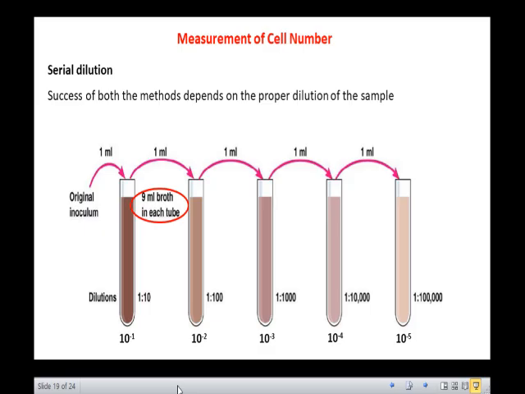As you can see in the figure, 1 ml of the original sample is added in the first dilution tube to get 10 to the power minus 1 dilution. The contents are mixed thoroughly and 1 ml from 10 to the power minus 1 dilution is added to the second dilution tube to get 10 to the power minus 2 dilution. This process is repeated till the last dilution tube is reached.